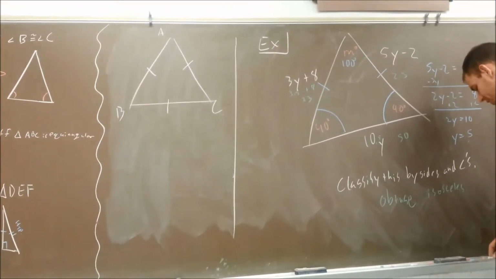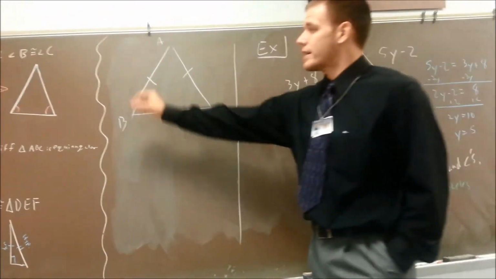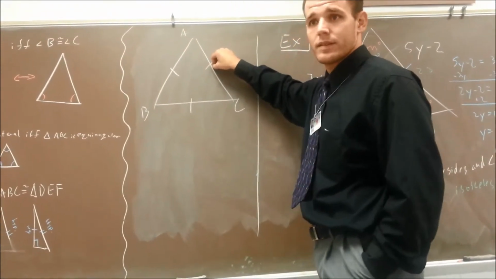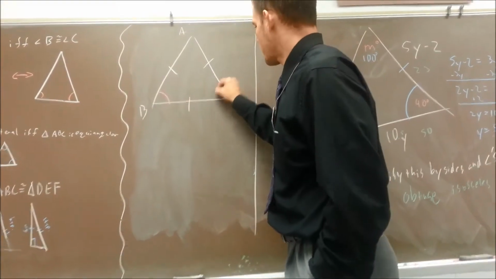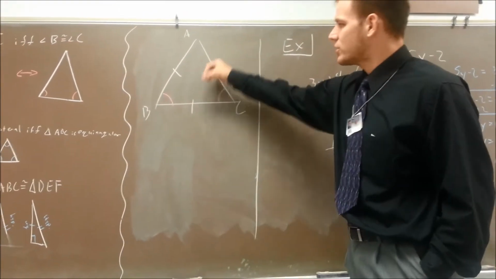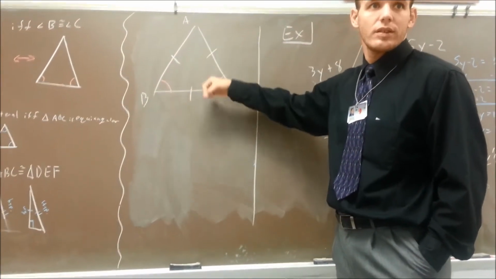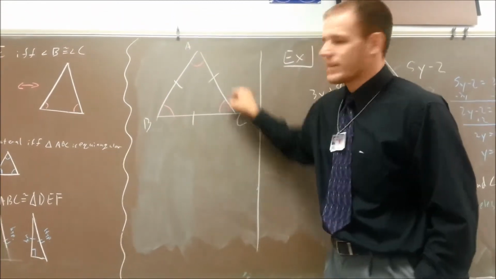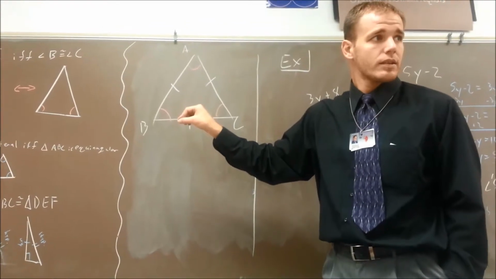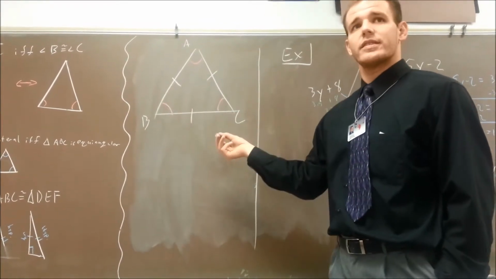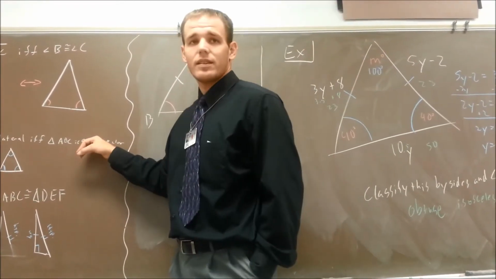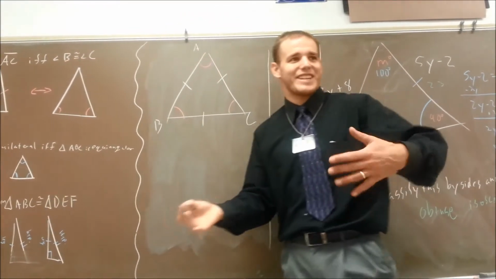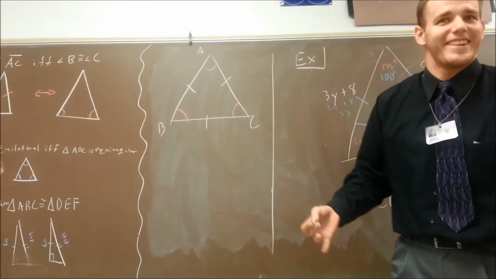Now, we can use the base angles theorem right here. If the two sides are congruent, what does that mean? The angles are congruent. But wait, these two sides are also congruent. So this angle is congruent to this one. Well, that means they're all congruent, doesn't it? And if they're all congruent, that means it's equiangular. Easy? You see how it just kind of falls out like, oh, yeah, duh.